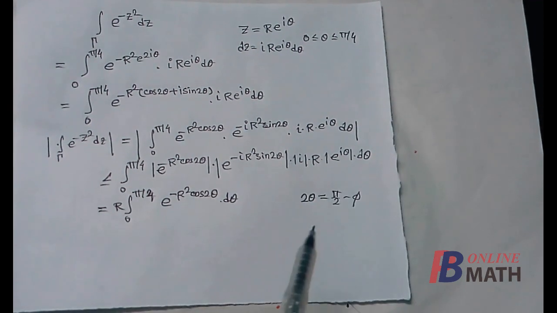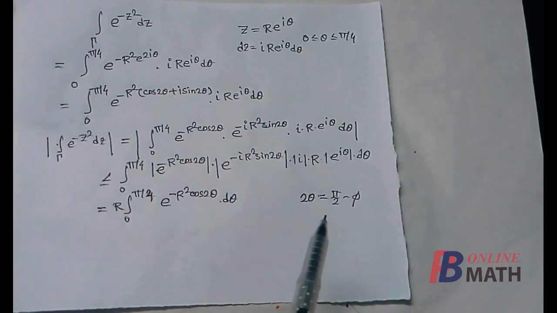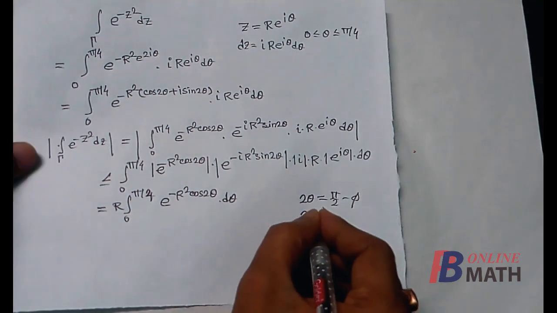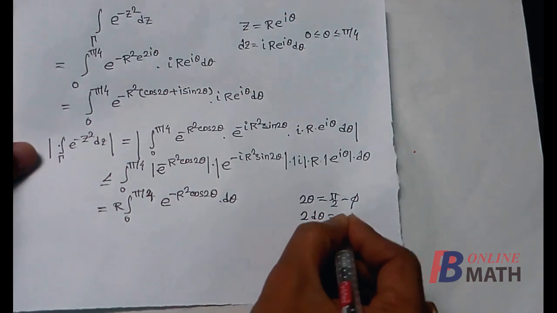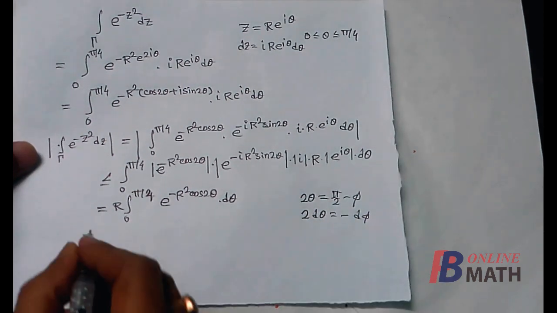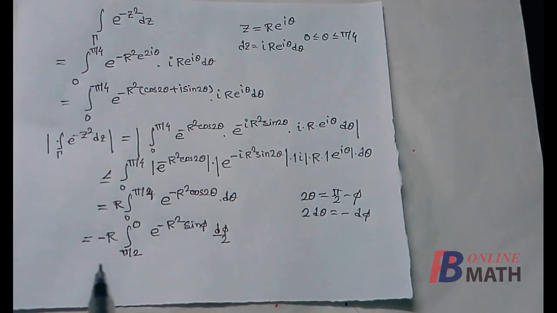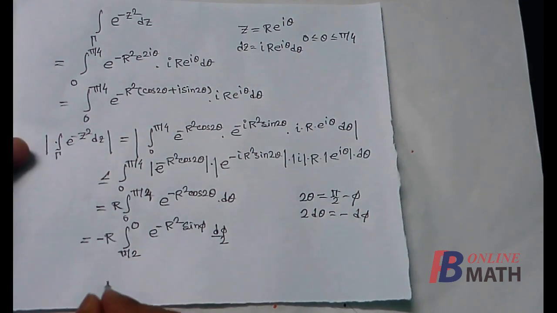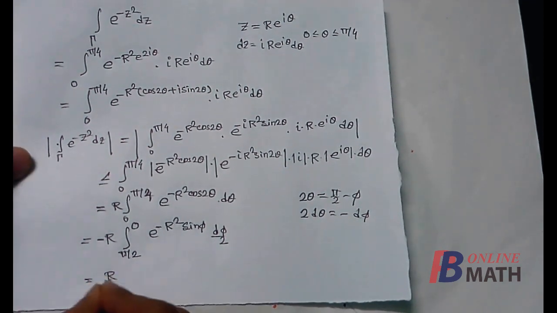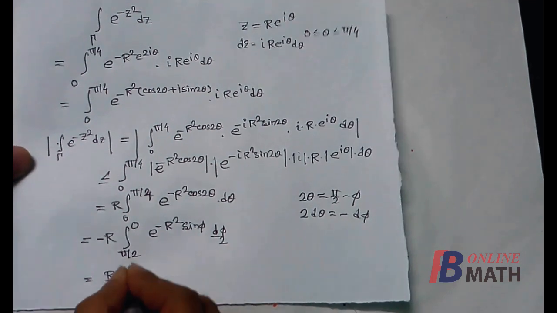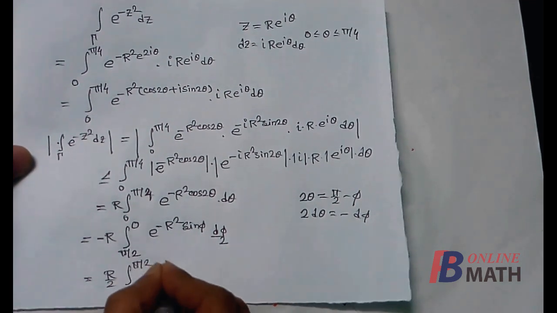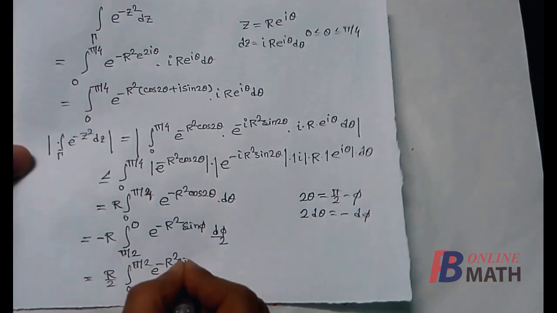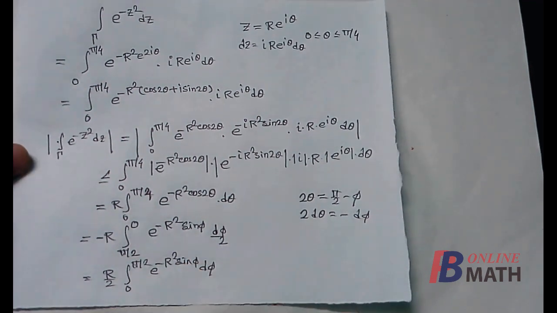For this reason we use this transformation, 2 theta equal to pi by 2 minus phi. So then 2 d theta equal to minus d phi. If we replace these values in the integral, then the integral reduces to this, and which can be written as r by 2 integration 0 to pi by 2 e to the power minus r square sine phi d phi.